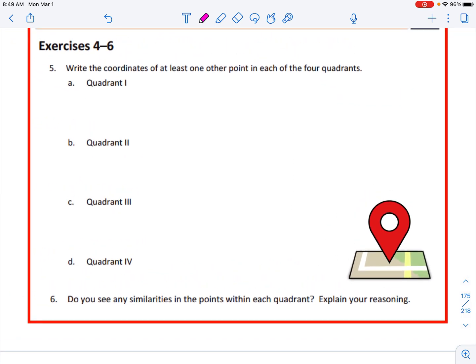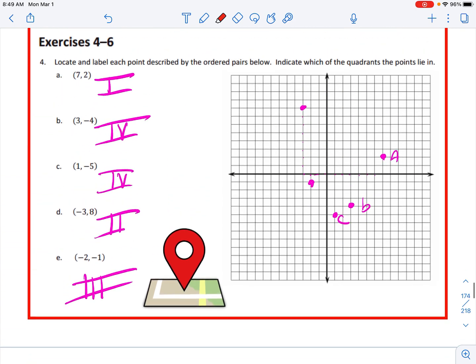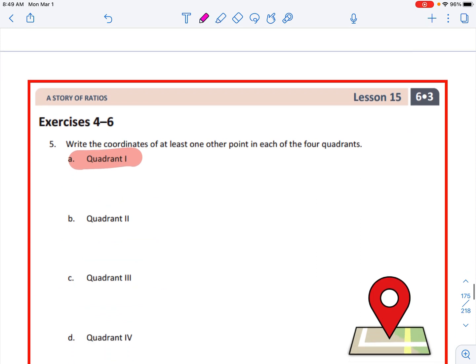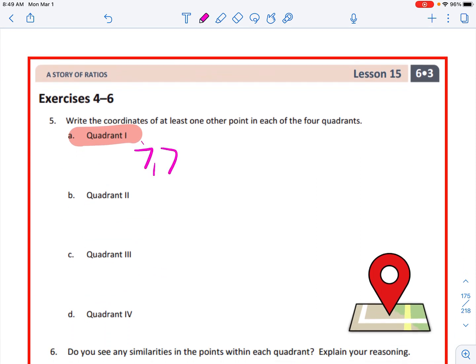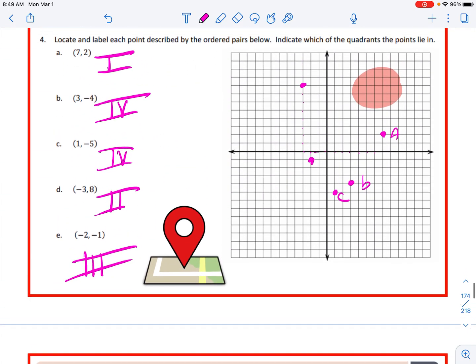It says write the coordinates of at least one other point in each of the 4 quadrants. Let's come up with a point in quadrant 1. I'm just going to say 7 and 7. That ordered pair is in quadrant 1. Now quadrant 2: the first number needs to be negative and the second number needs to be positive.